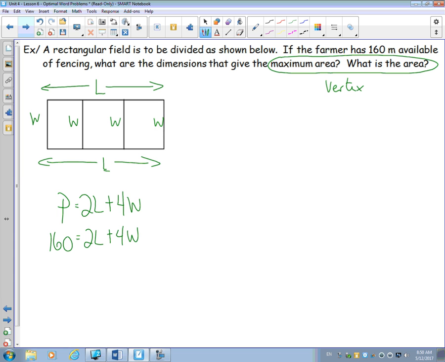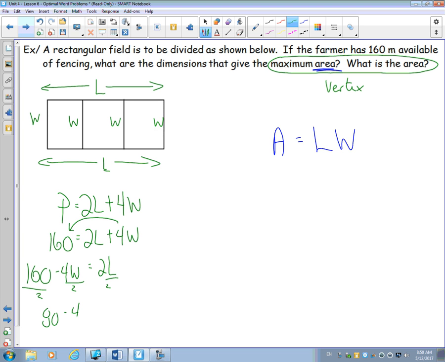Now if I go back to the question, it was about area. Well, we know that area is length times width, which are letters I already have. In fact, if I take one of my first equations and rearrange, so I'm going to take this 4w and put it over here. Tell me what 2l is. And I divide everything by 2. I can actually write an expression for length in terms of how wide something is.